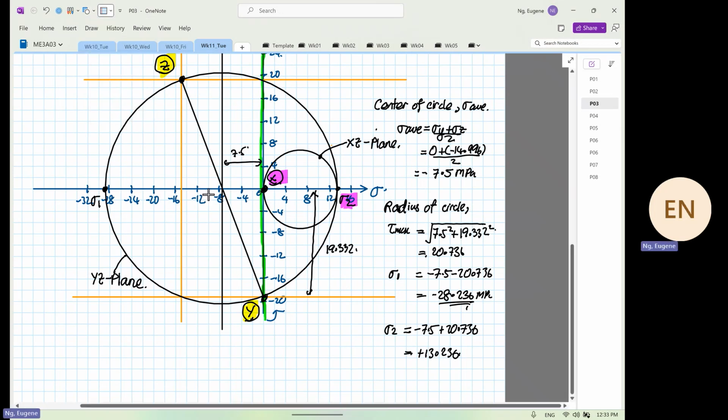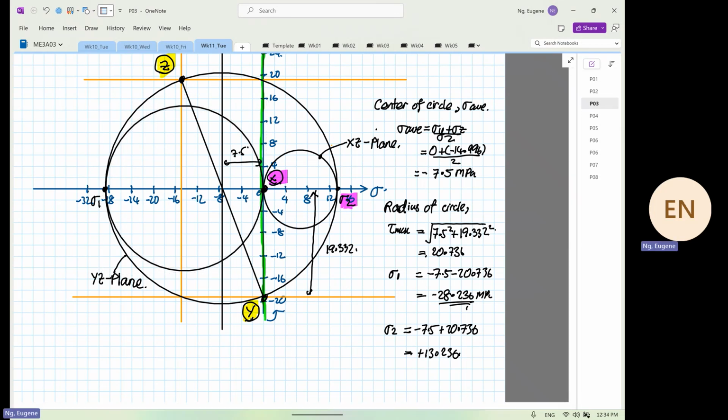And the last circle, 2, 4, 6, 7 and a bit. And this is the last circle. Okay, don't worry too much. I will teach you how to draw it properly. This is just a sketch. So this is the last circle. And this circle over here belongs to the XZ plane.